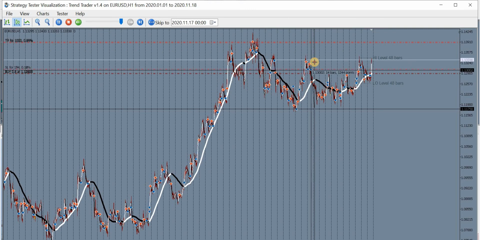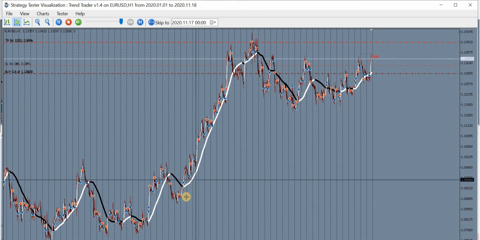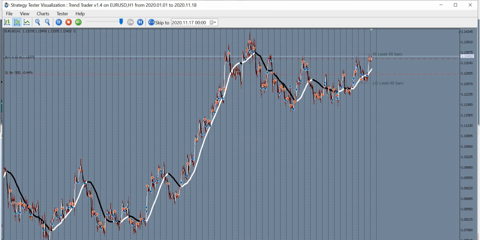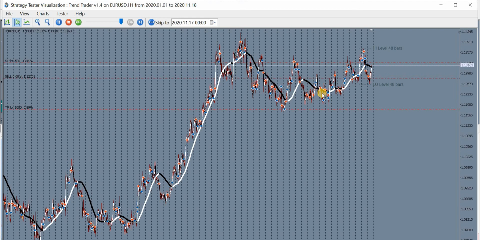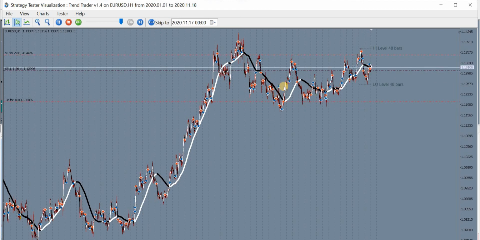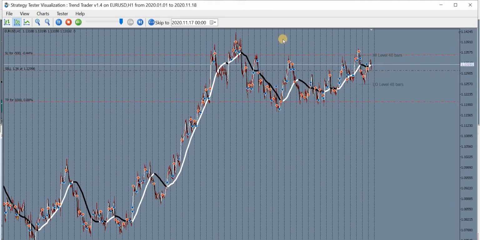It doesn't seem to be a good trend here. It was a very strong trend before that, and you can see that on the chart, in the results. Not so much of a trend right now, and it's going up and down and up and down again.